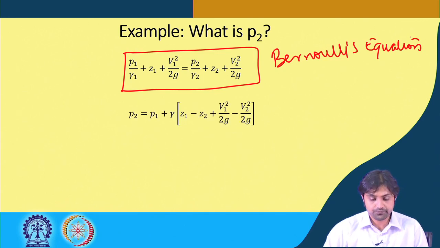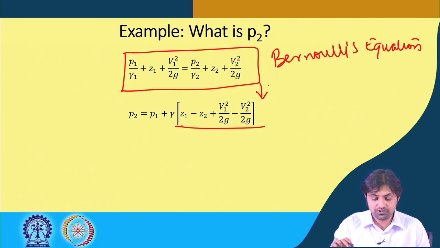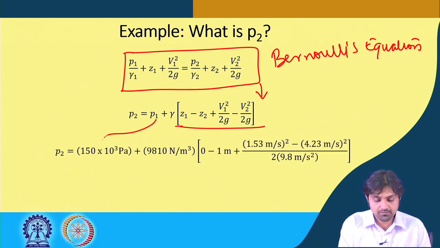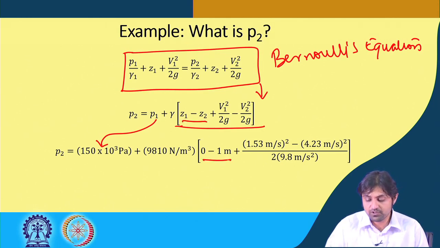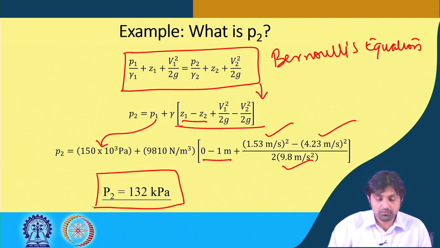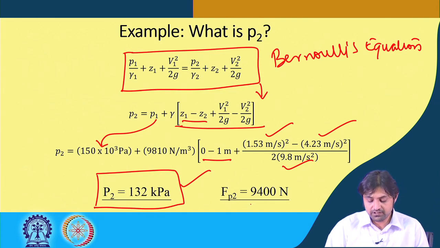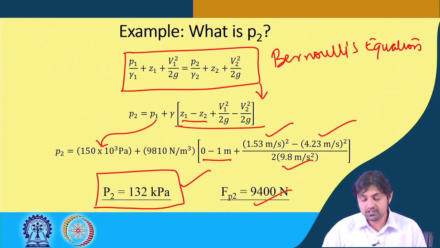P2 will be P1 plus gamma times Z1 minus Z2, just a rearrangement of this equation, plus V1 square minus V2 square by 2g. We can simply substitute the values. We already know Z1 minus Z2 is minus 1 meter. V1 and V2 we have calculated, so everything is known. P2 turns out to be 132 kilopascal. Now if we know P2, we can calculate the pressure force. That will come out to be 9400 Newton.